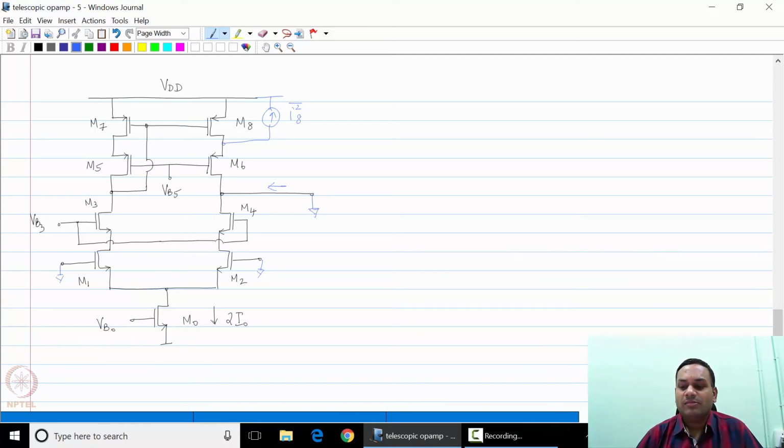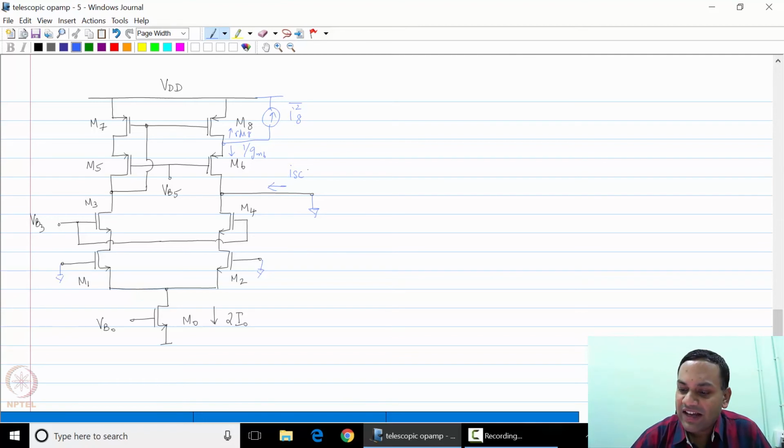And as you can imagine, I8 squared has two paths to flow. The impedance looking upwards is RD as 8, whereas the impedance looking down is 1 over GM6. So most of I8 tends to flow through M6 and eventually through the output short circuit.